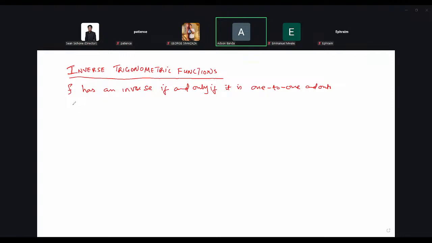Now, the function y is equal to sine x is not 1-to-1. So we try to make this function 1-to-1 so that it has an inverse. Otherwise, if it is not 1-to-1, it will not have an inverse.